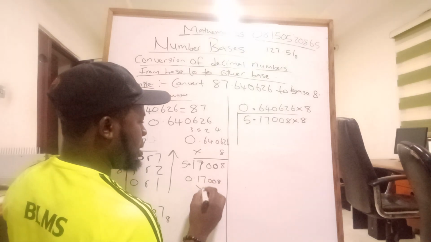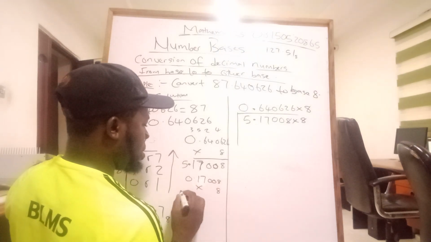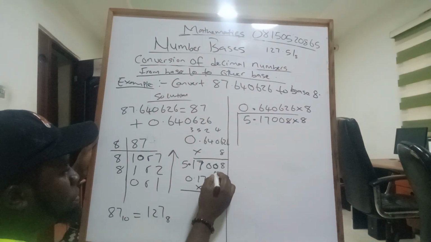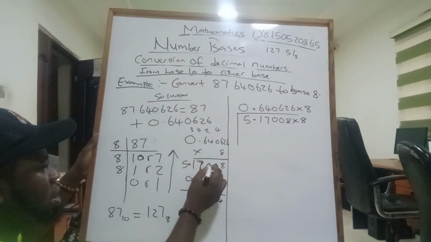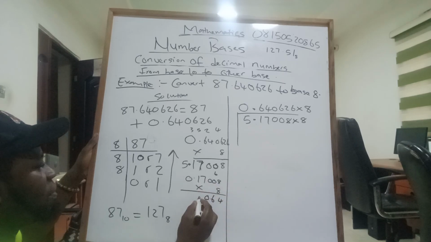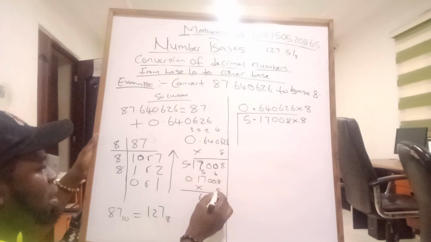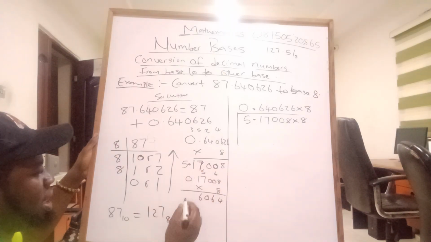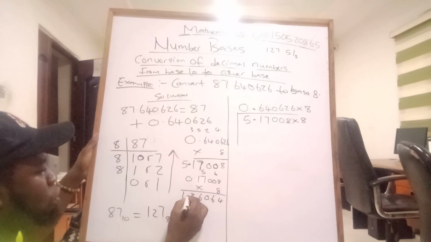0.17008 by 8. So 8 times 8, 64. You write 4, you keep 6. 8 times 0 is 0, write that 6. 8 times 0 is 0. 8 times 7 is 56, right? 6, we keep 5. 8 times 1 is 8 plus 5. That will give you 13. So we have 3, 1 comes here.